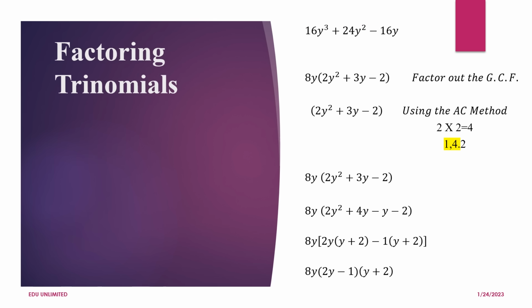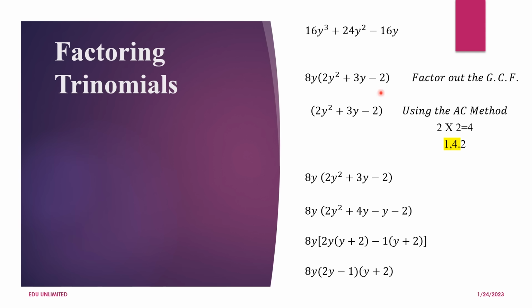As we continue factoring trinomials, let us look at this expression that reads 16y cubed plus 24y squared minus 16y. The key, first of all, to solving this type of trinomial is to factor out the greatest common factor.